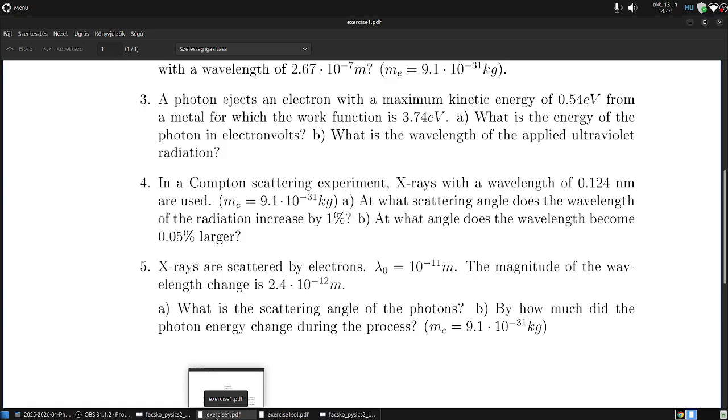Also needs the electron mass. Question A.